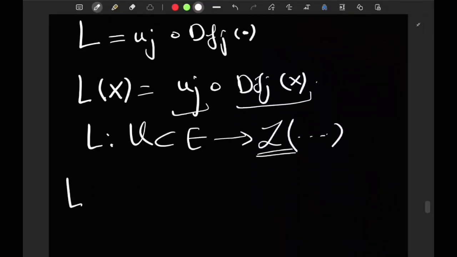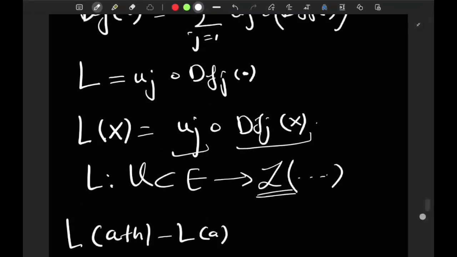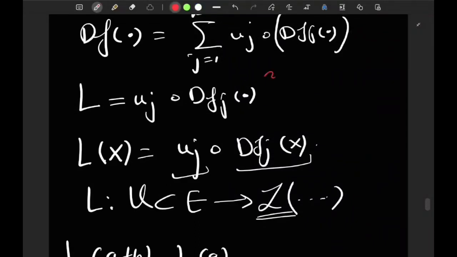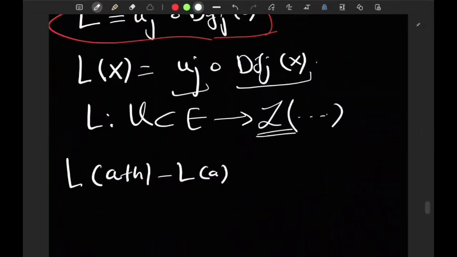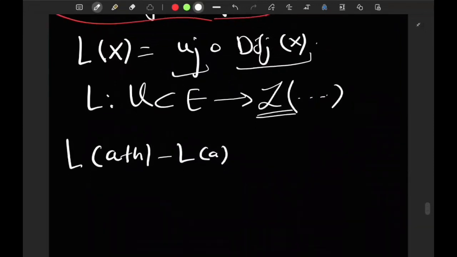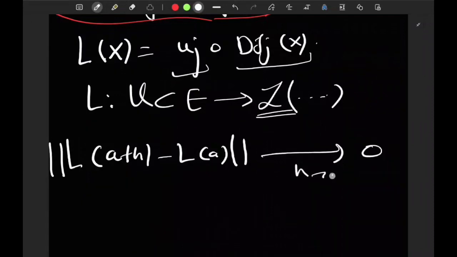Now, if I take a perturbation of A, let's look at L of A plus H minus L of A. I want to prove that L is continuous at A, so I want to prove that this thing tends to 0 as H goes to 0.